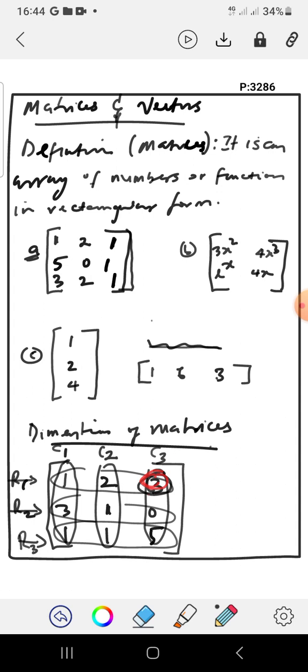So we can call it A, irrespective of what is there, row 1, column 3. If you see that, you know that it is talking about the element in row 1 and column 3. If you look at this one here, it is in row 2 and column 2. So we call this one A as well, with index 2, 2.